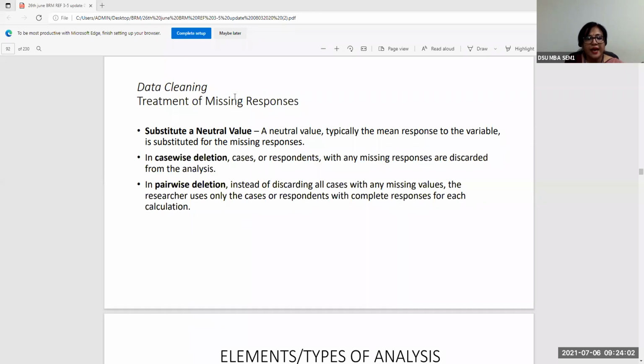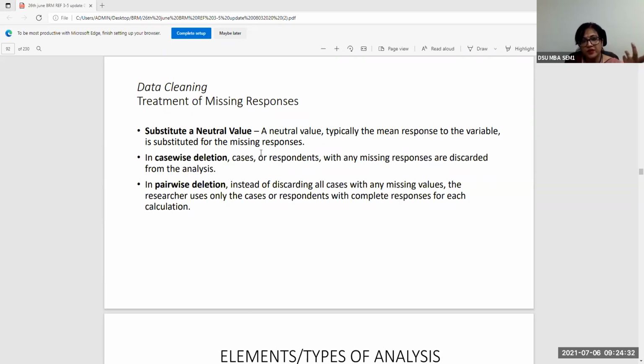All right. And case-wise deletion and pair-wise deletion. Case-wise deletion is when respondents' data with any missing responses, the entire case itself or the entire respondent, is actually deleted from the data collected. But in this case, if there is any response which is left unanswered by the respondent and you're not going to count that particular respondent's data, then it could lead to a substantial reduction in the sample size.